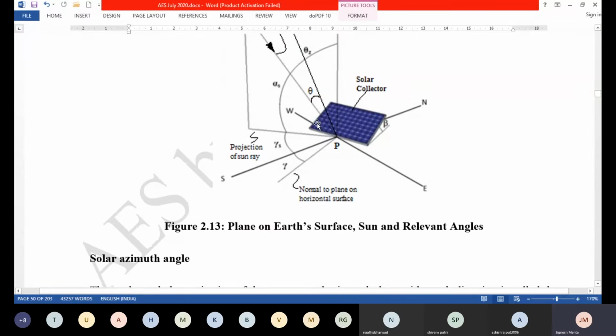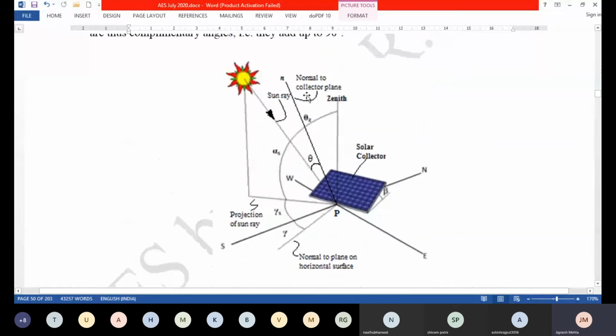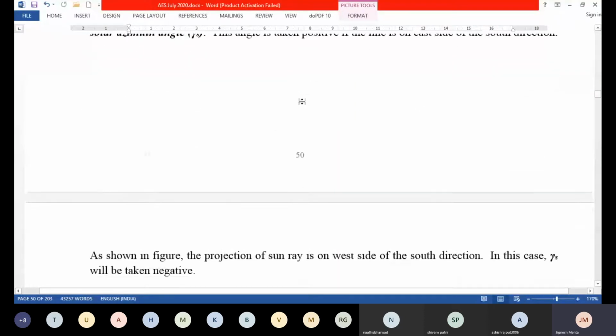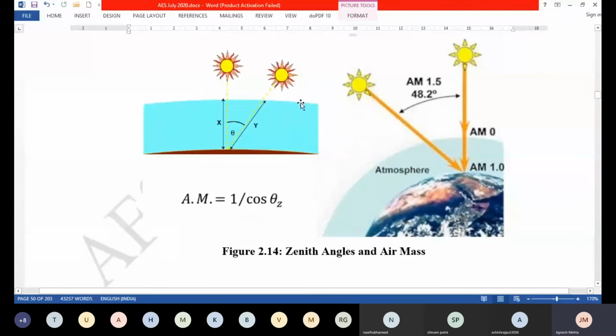Yes, we had discussed them already in the previous class, but for those who were not present, or could not revise it, I revised it. And then we had talked about the air mass also, which is basically the ratio of the length of the path traveled by the sun ray when it is passing through the atmosphere relative to the shortest path.